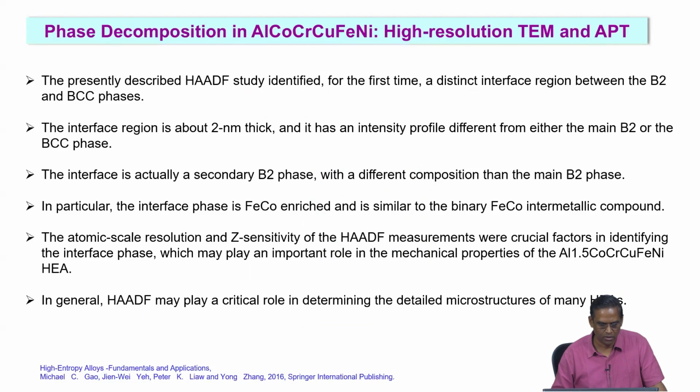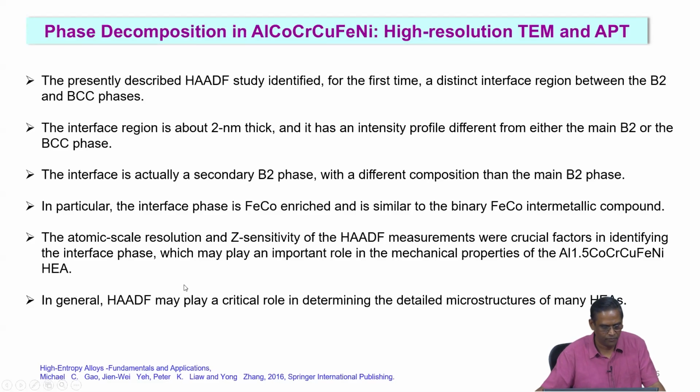And we can also comment on the phase. So the atomic scale resolution and Z sensitivity of the HAADF measurements were crucial factors in identifying the interface phase, which may play an important role in the mechanical properties of high entropy alloys. Okay.